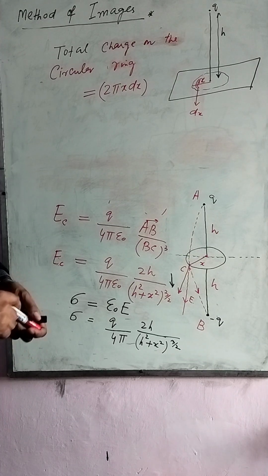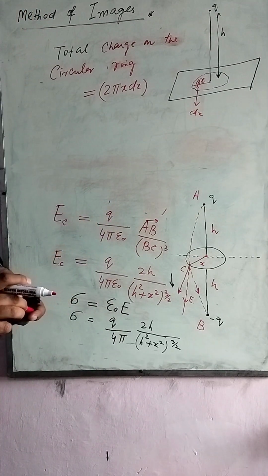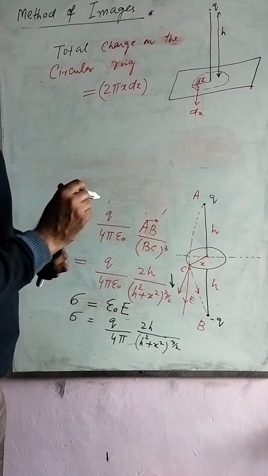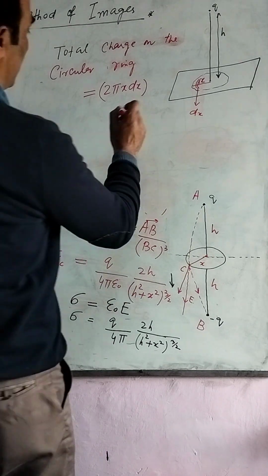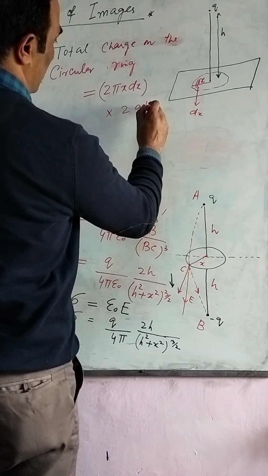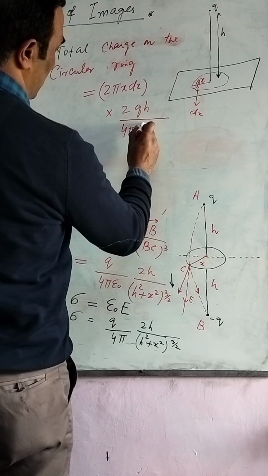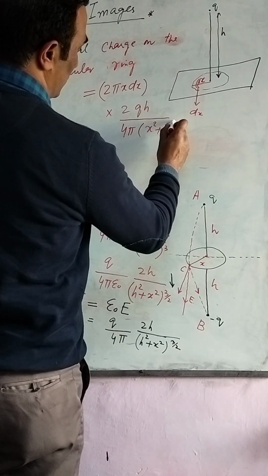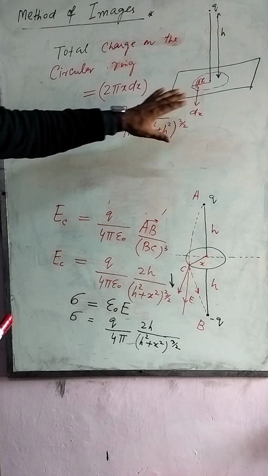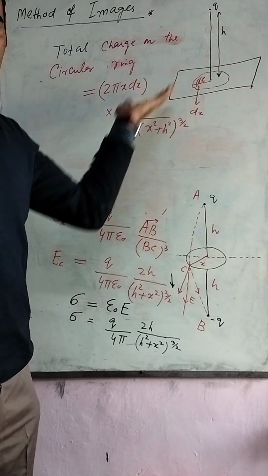Into the total electric field, because this is our sigma, that is epsilon naught into E, and you need to multiply it by twice QH upon 4 pi into (x square plus h square) raised to the power 3 by 2. So what did I do here? I had to find the total charge on the circular ring, so we take its small element dx, and calculate the total circumference, that is 2 pi r.